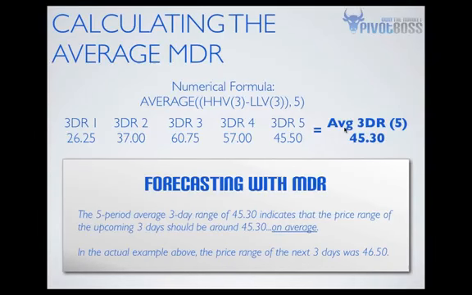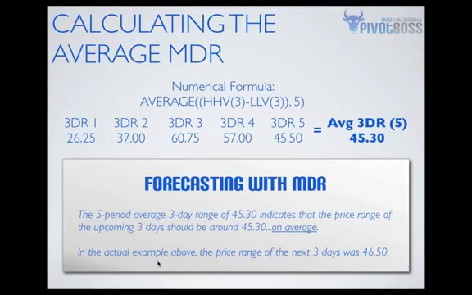targets. So if you look down here, forecasting with MDR, the 5-period average 3-day range of 45.30, what does that tell us? It tells us that the 45.30 indicates that the price range of the upcoming 3 days should be around 45.30 on average.